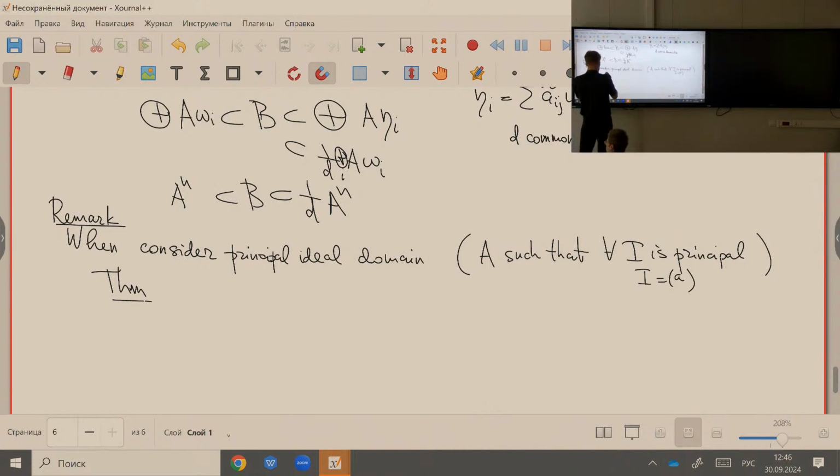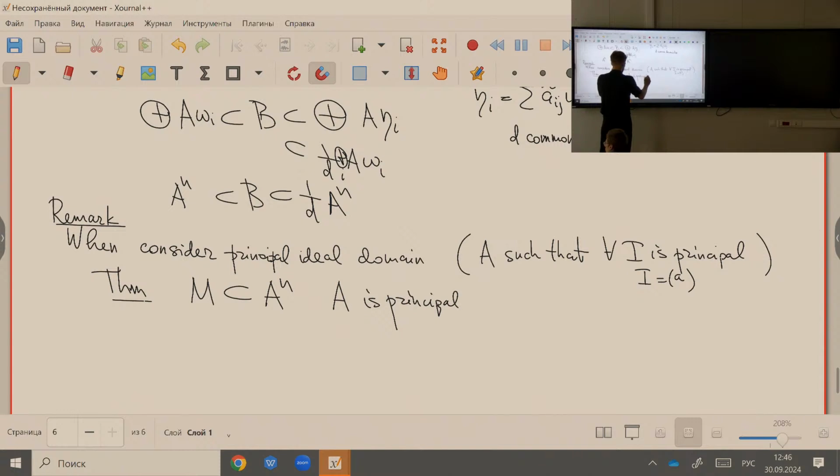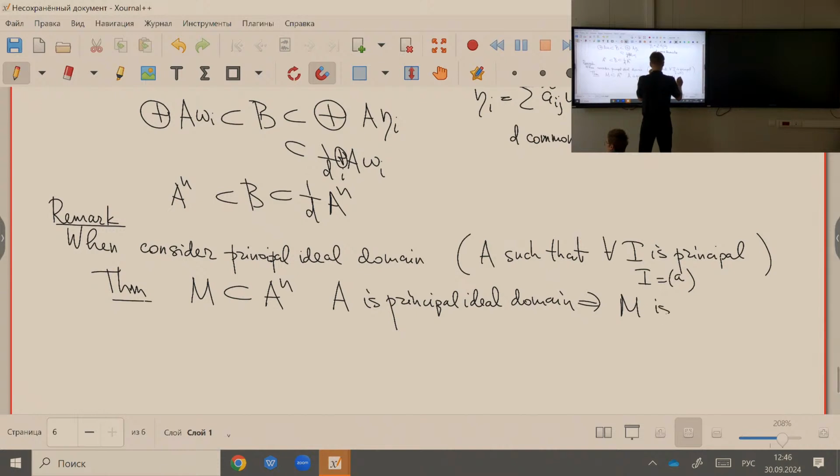So just any M in the free module, where A is a principal ideal domain. This implies that M is free, so isomorphic to A to the power k.